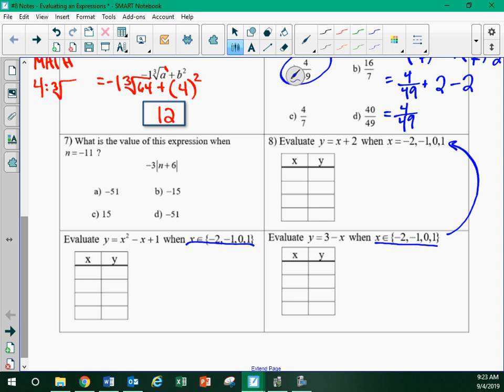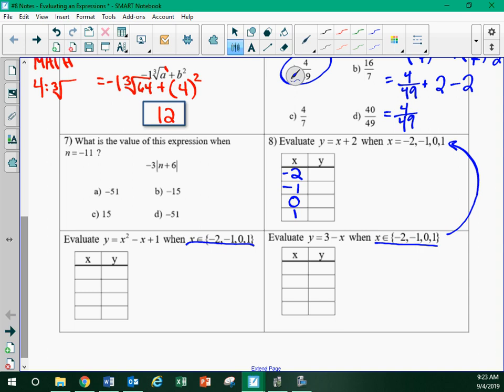So what we're going to do is we want to basically do the same process for each of these numbers. So I'm going to first just go and list out my x's at negative 2, negative 1, 0, and 1. And then I'm going to repeat this process for each of my numbers. Because you guys said earlier, if x is a different value, then my answer is going to change, right?